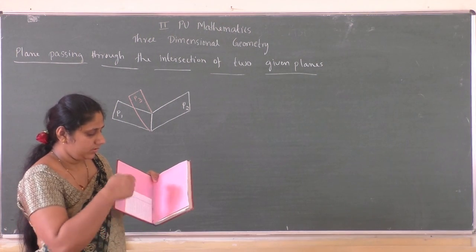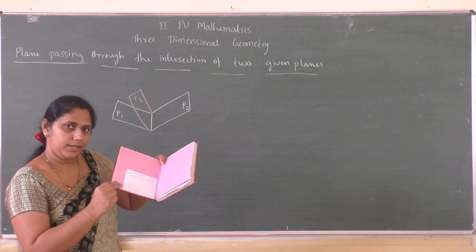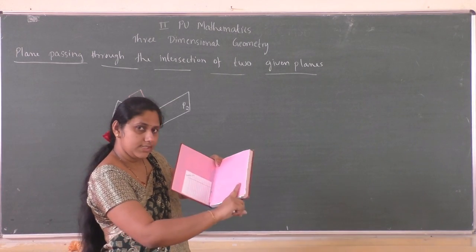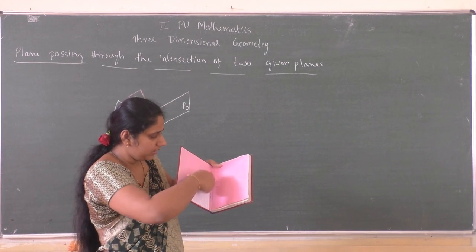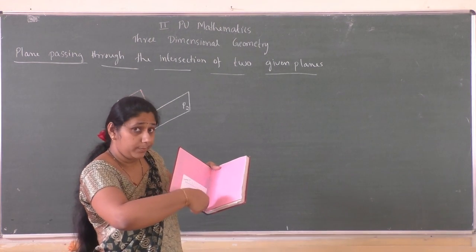Suppose this is the plane P1 and this is the plane P2. P1 and P2 will intersect not at a point.